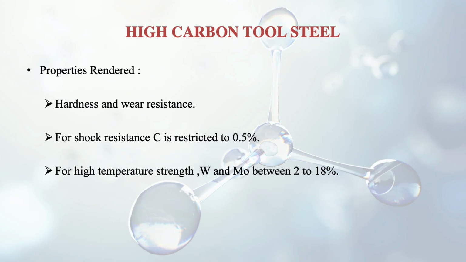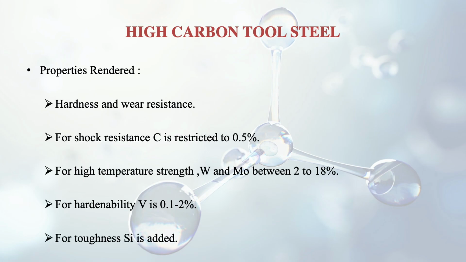And for high temperature strength, because when two surfaces rub against each other the temperature will obviously increase, we need tungsten and molybdenum between 2 to 18%. For hardenability, vanadium should be about 0.1 to 2%. And further, we increase the toughness by adding silicon.